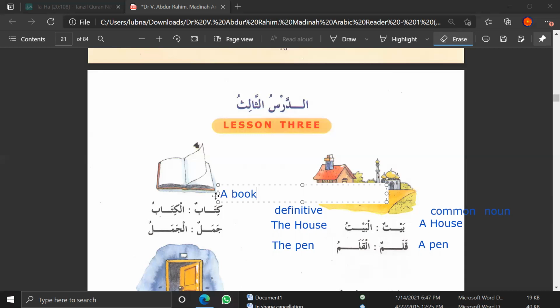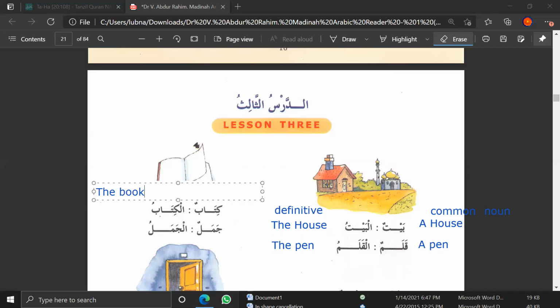Common. The book you have near your laptop can be our book, and the book I have in front of me can be a book too. So kitabun is a common noun. Al-kitabu, the book.